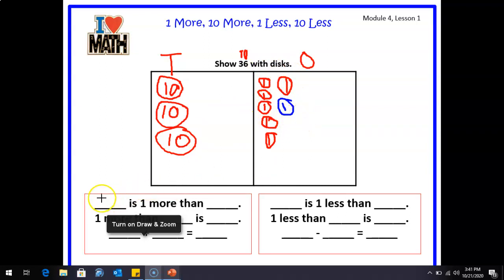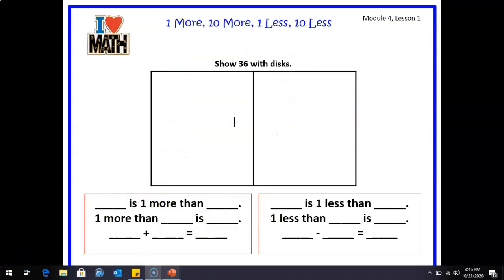So I can even say 37 is 1 more than 36. Or I can say 1 more than 36 is 37. 36 plus 1 more is 37. Boys and girls, I apologize for that.